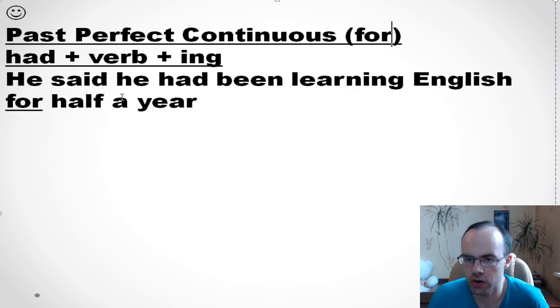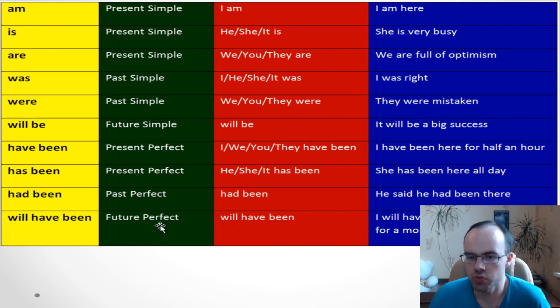It's one time before. So, right, you see that first he started learning English, so he was doing it, and it lasted for half a year, and then he said it, so it happened later. It's like past perfect but with for, and so we see the same situation with will have been, so it's possible to use future perfect.